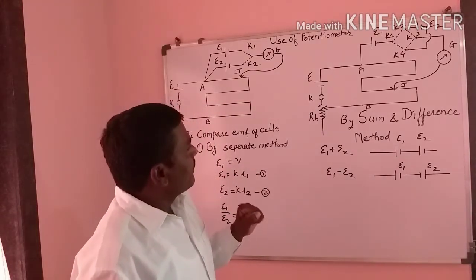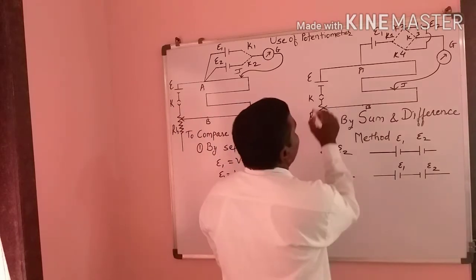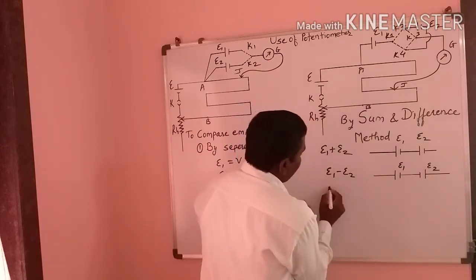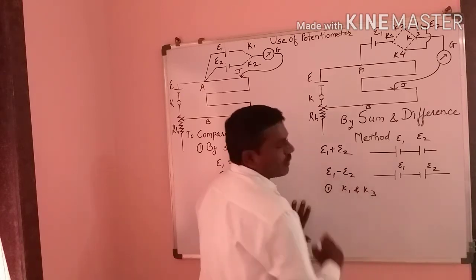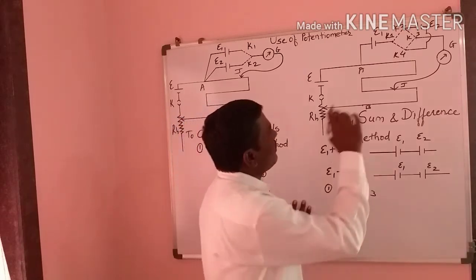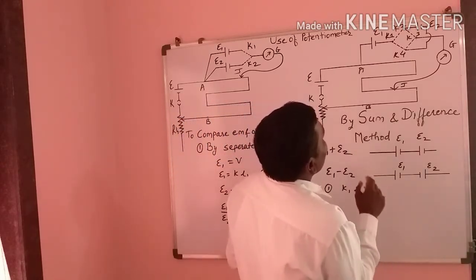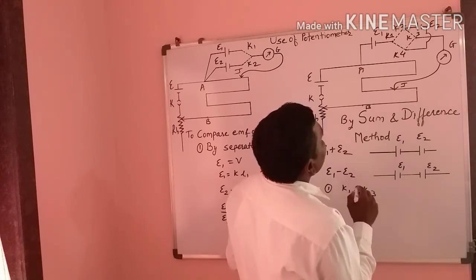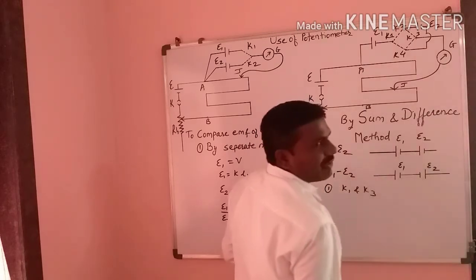When we connect the circuit, K is closed, and in the first case K1 and K3 are closed. We find the length on the potentiometer, which is the null point seen in the galvanometer.